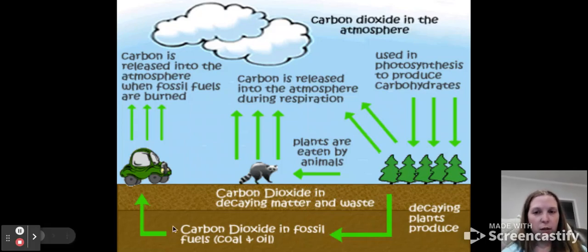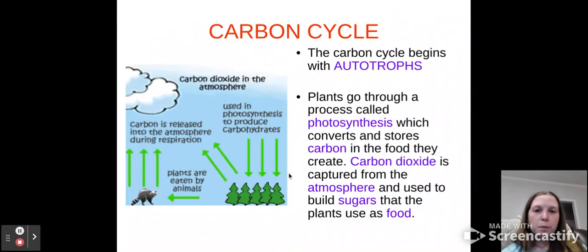The fossil fuels are then used for the car, and we start that process over. Or the plants can be eaten by the animals, released in waste, and then go down into this carbon dioxide section. So it is a cycle. That's why we call it the carbon cycle, because you keep moving in the circular motion as it's produced, used, produced, used.